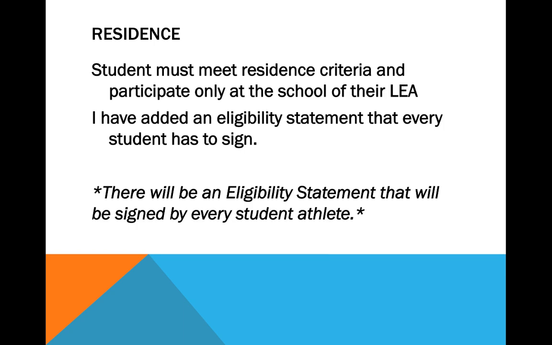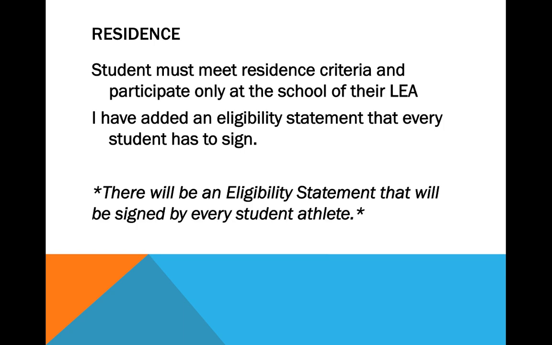Now I've taken a lot of high school documentation, and hopefully that transfers to the middle school level. The student is going to sign that statement saying that they are living in that district, and we have done our due diligence and everything we're supposed to do to make sure that they are at that actual address in our school district.